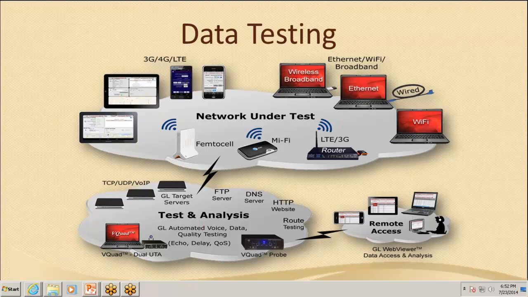We can pinpoint that there's a problem, and that there was packet loss, or a huge amount of latency, or no connectivity, or a drop of the network from LTE to HSPA, or the signal strength was very low. So we can pinpoint a lot of things as we run the test. Okay.